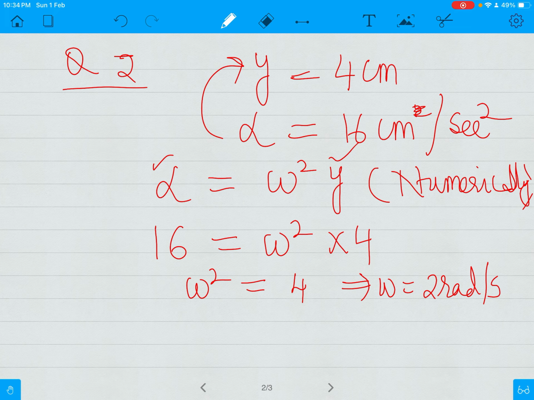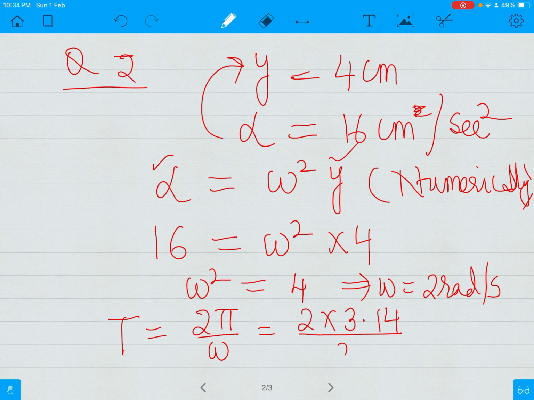And when omega equals 2 radian per second, what will be T? 2 pi by omega. You substitute 2 into 3.14 upon 2. That is 3.14 second. It is clear. This is the second.